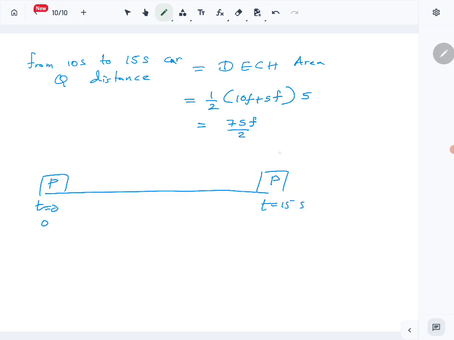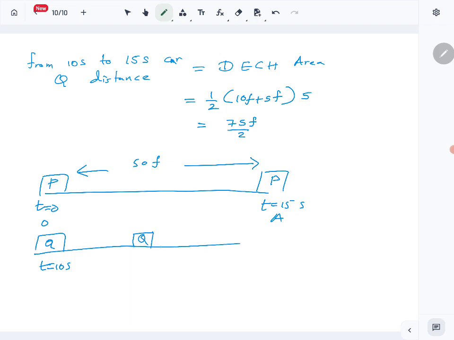Right. So we have figured out this length is 50f, and car Q started from 10 seconds, and we have the distance between Q and P. P is at A now. Q is now at some point here.